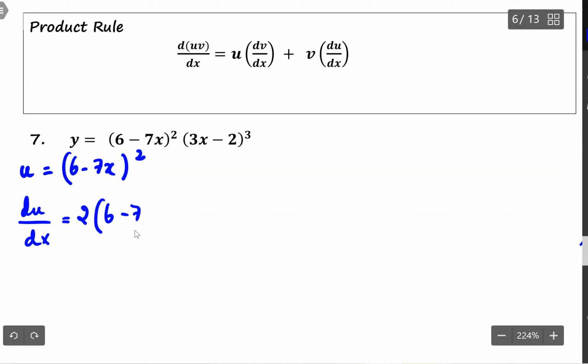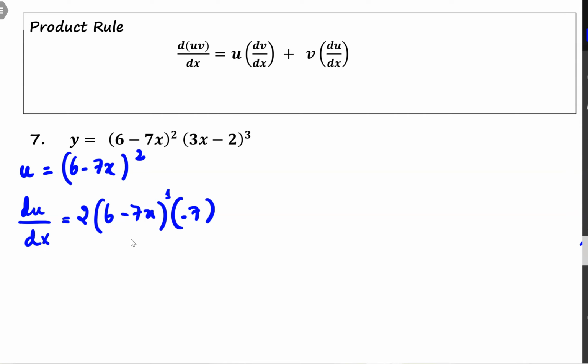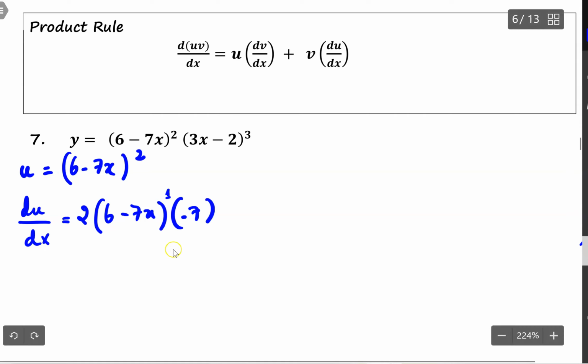Inside this, I should still have 6 minus 7x, but this will be to the exponent 2 minus 1, so that should be a 1. And applying the chain rule, I have the derivative of 6 as 0, and the derivative of negative 7x is equal to negative 7. Okay, so let's leave this for now, and I will go back to that in a minute.